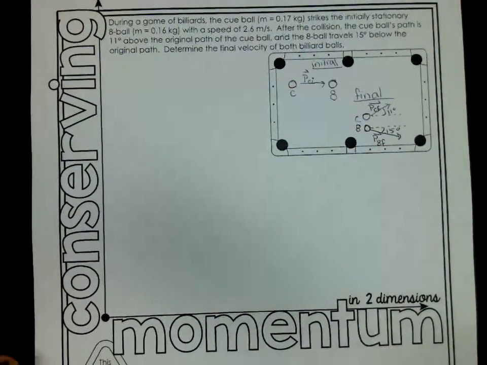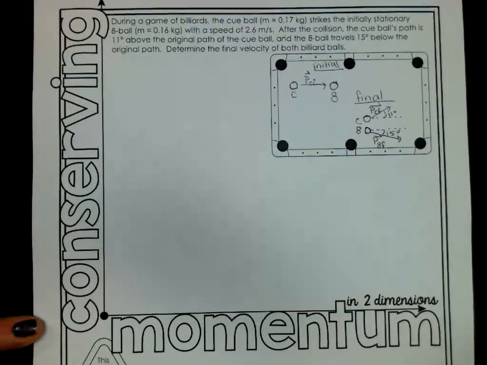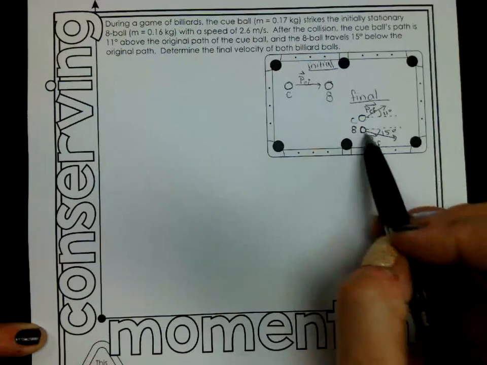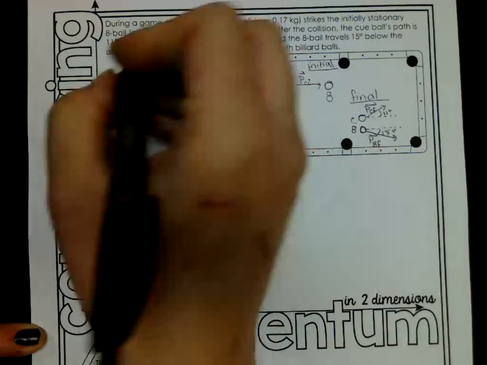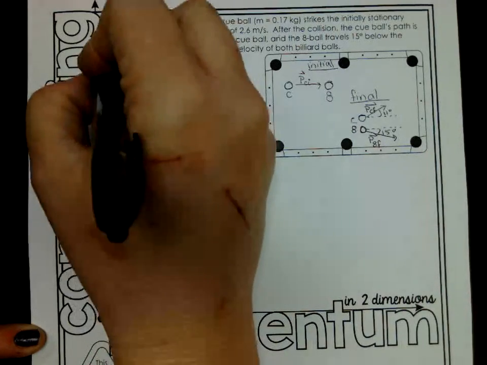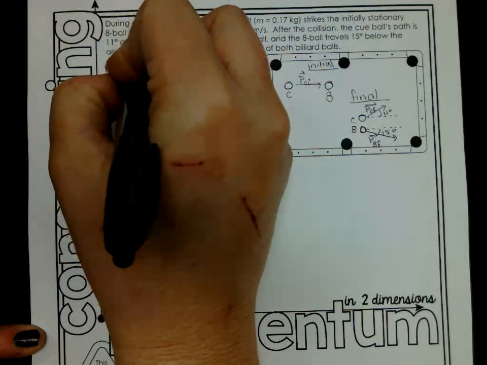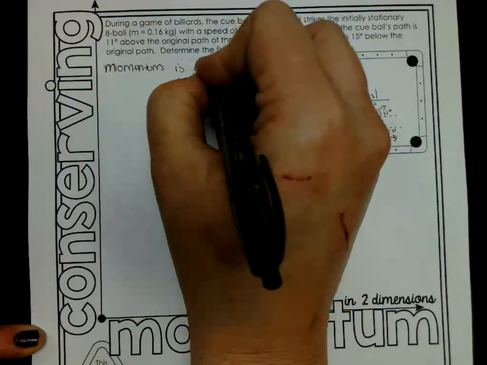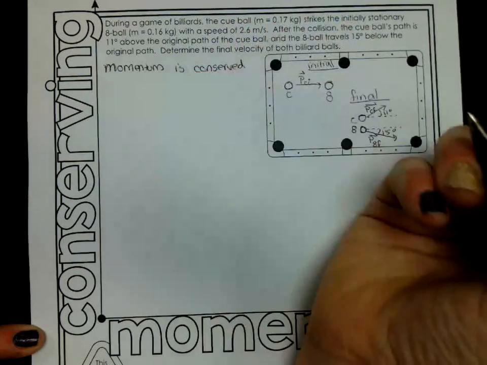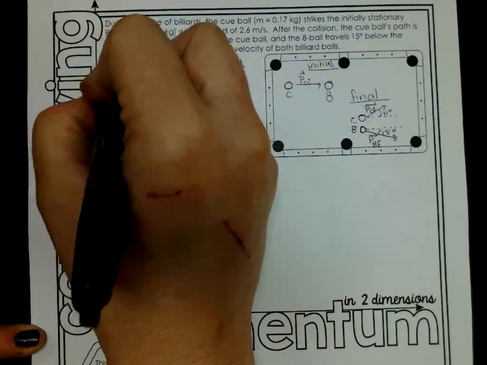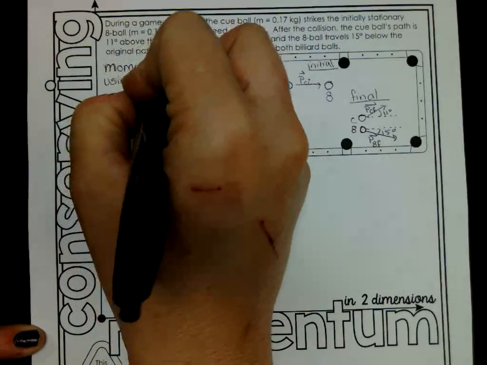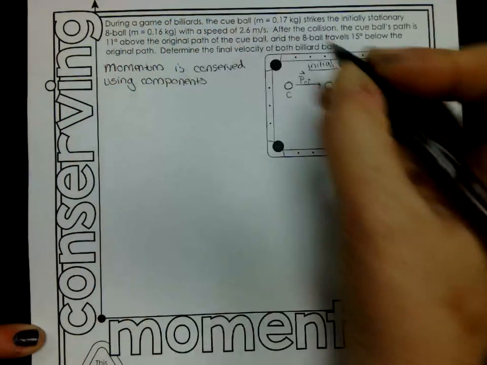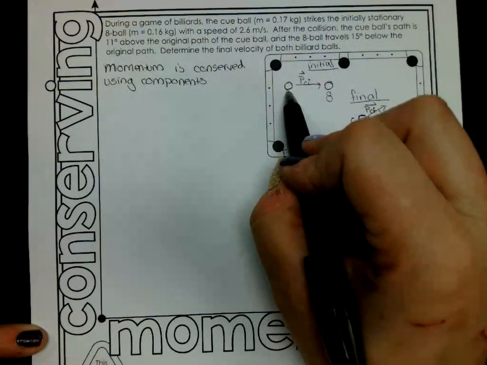All right, so the way we can solve this is through components, and that's going to be the easiest way to solve this. We're going to break this down into components. So momentum is conserved using components, meaning that the cue ball didn't stop completely.